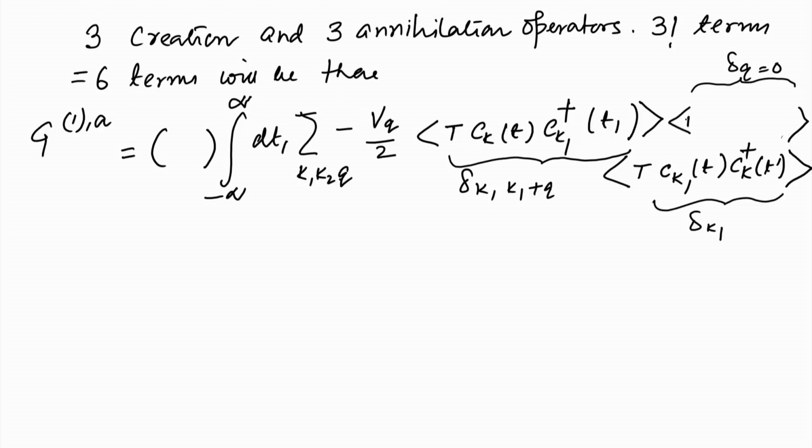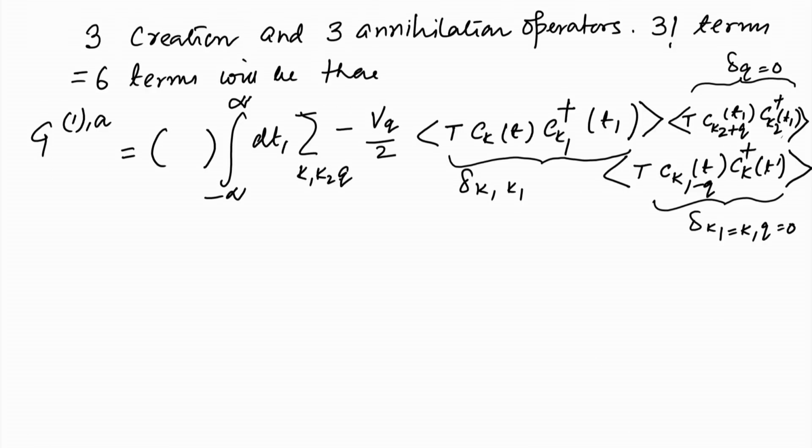So, this will be T, and then there is a c k2 plus q at t1, and then a c k2 dagger at t1. Now, it is fine. And then there is a c k1 minus q, and then a c k. So, this is k1 equal to k and q equal to 0. This is delta q equal to 0, and this is k equal to k1 instead of k1 plus q.